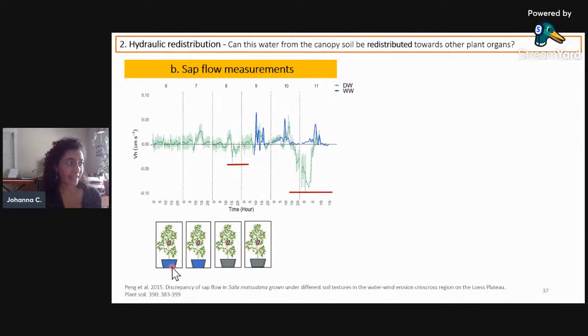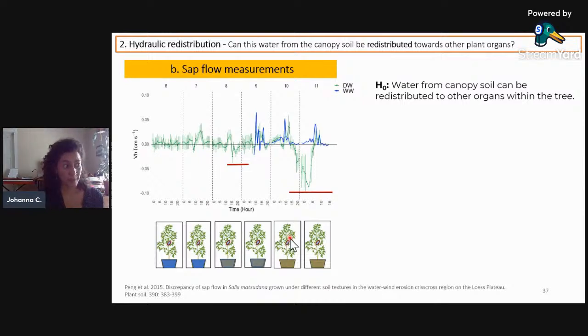But by day 8 and 9, these pots are getting drier because we didn't water them at all at the pot level. And so they probably start taking up water from where they have more water available, which is at the canopy level. And by the end of the experiment, there is no water at the pot level. So we were probably able to see that these plants are taking up water from the canopy soil.